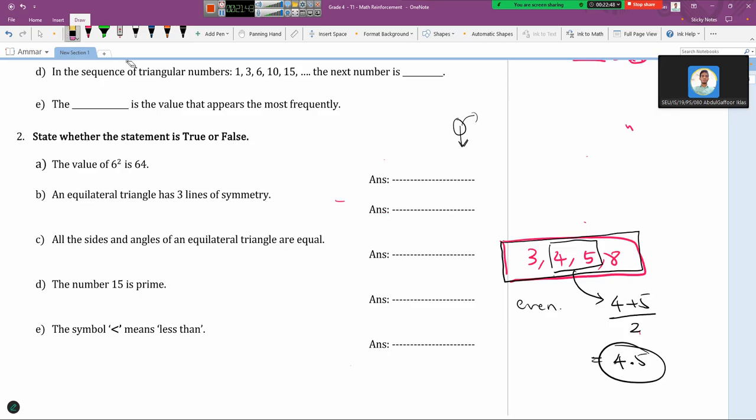Now, can you repeat what I told you regarding the median of the numbers with frequency of odd number? Median. So if the frequency is odd number, how can you find out the median?